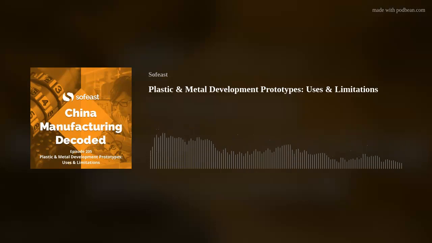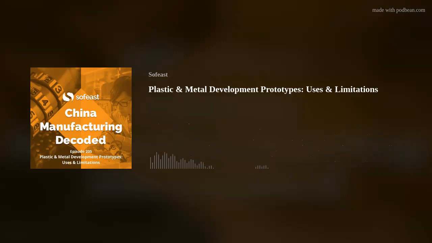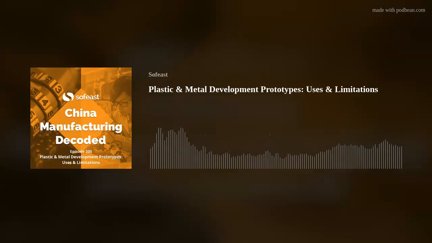Some of the injection mold tools, when you're talking about over molding and stuff like this, you're just not going to be able to achieve that very easily through prototyping during the development stage. Again, key limitation we need to look at and consider.